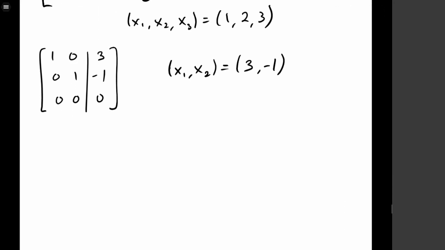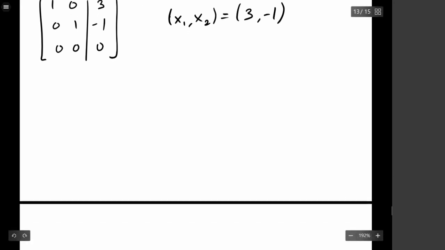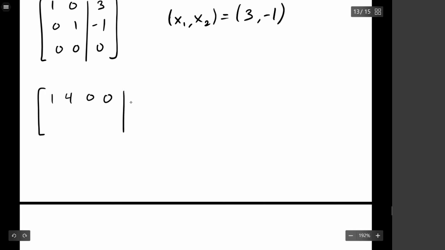Let's look at another example, just to show you another oddly sized one. Let's look at something like 1, 4, 0, 0, -3, 0, 0, 1, 0, 2, 0, 0, 0, 1, 6.